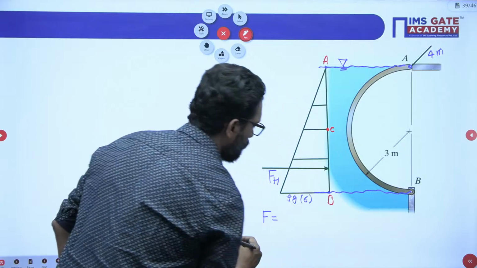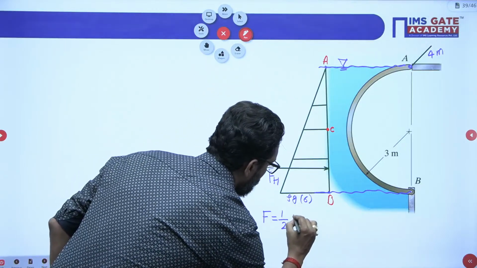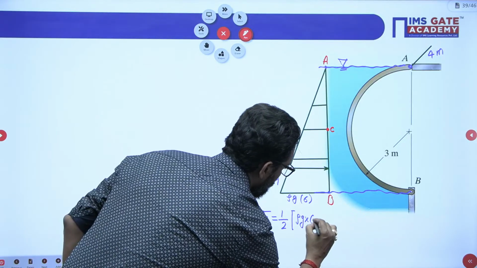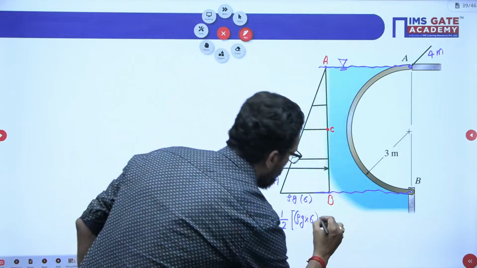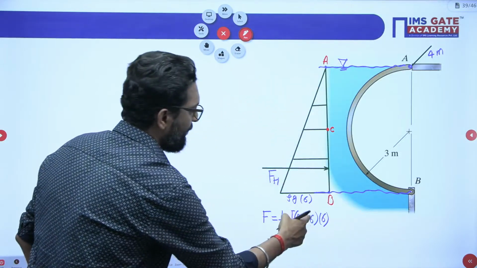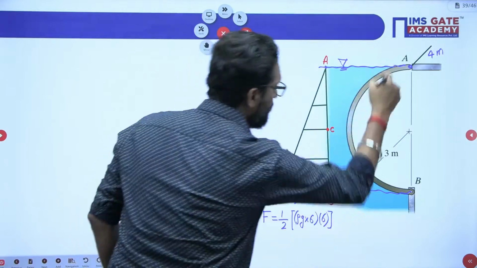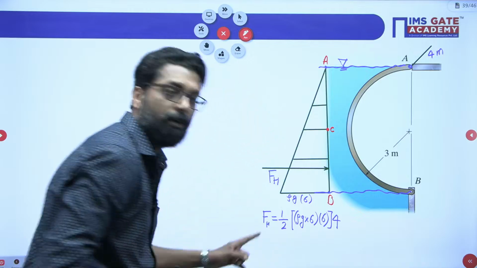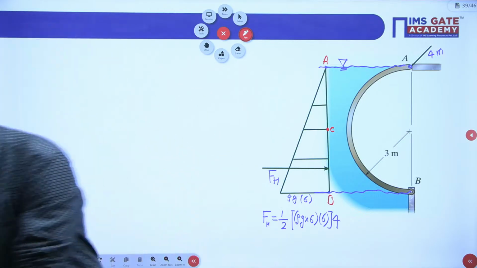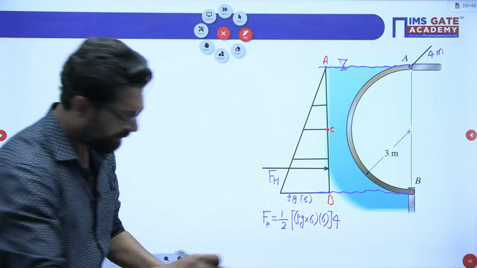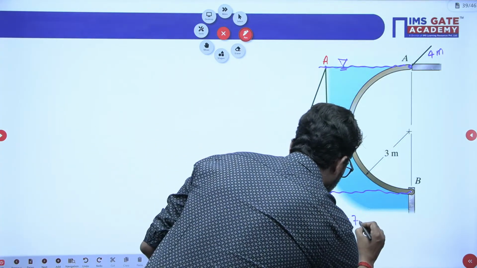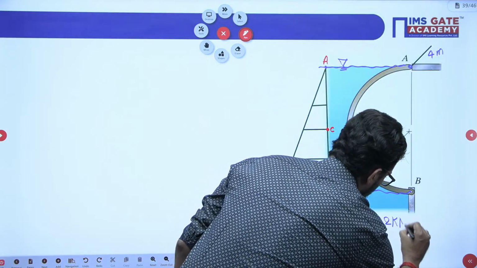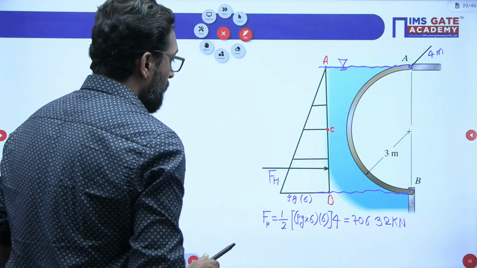So half, base is rho G into 6, into height 6, is the area, into width 4. This is your hydrostatic force FH, the volume. If you calculate this, it is 706.32 kilonewton.